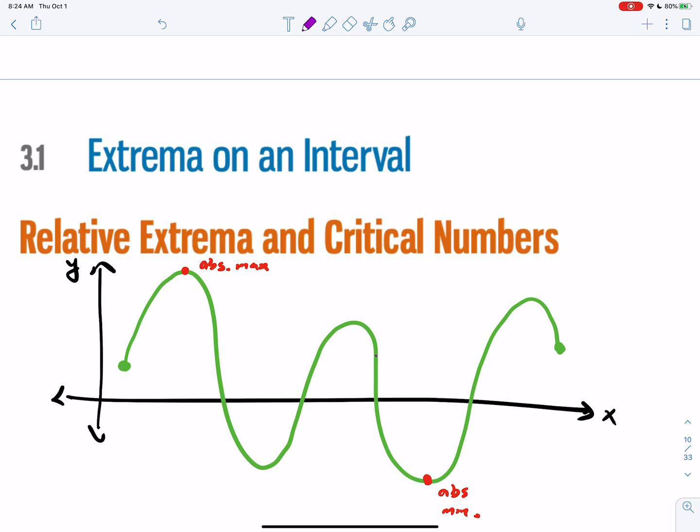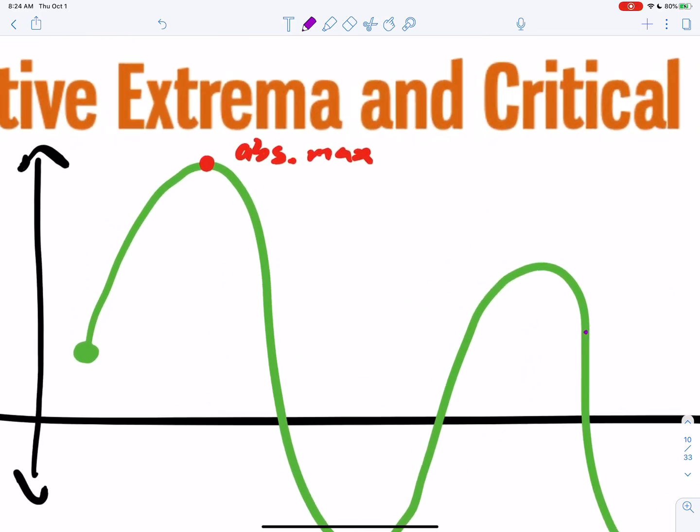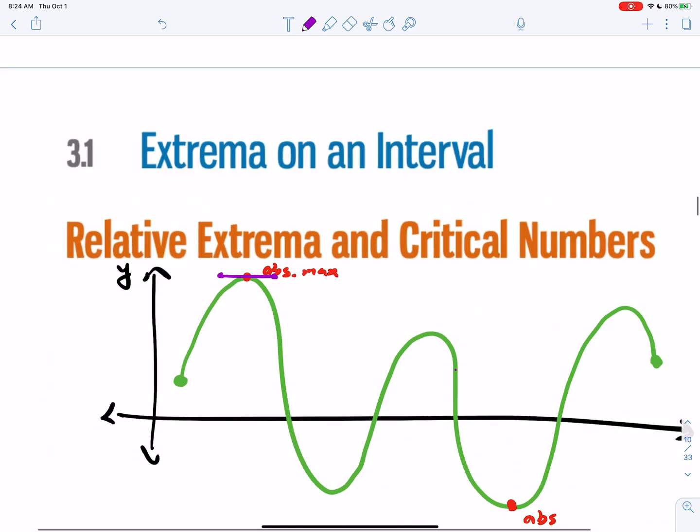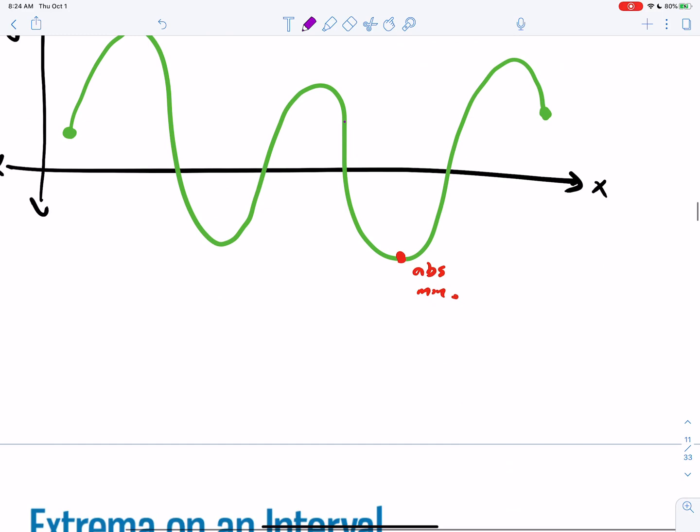Press play when you're ready. Okay, so here, the absolute extrema, if you were to have a point right there, your tangent line should be like that, to the point where it's horizontal. Same thing here.